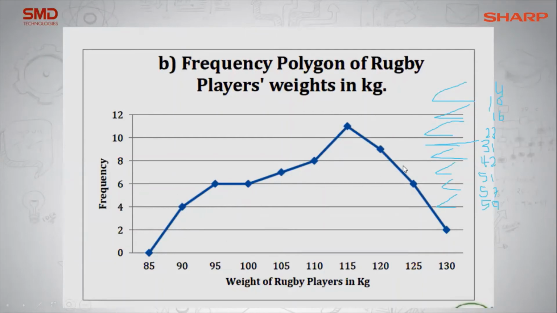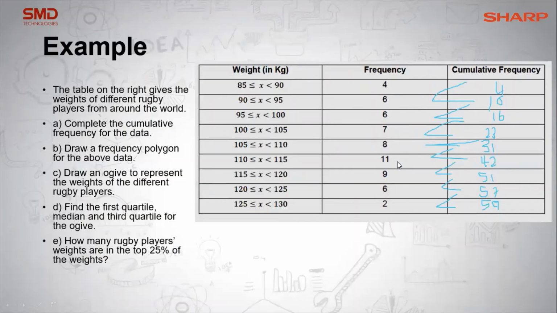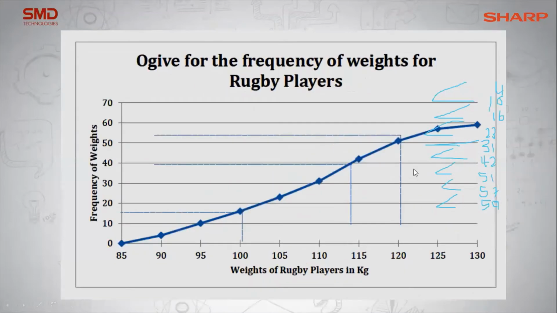Okay. Then the next, oh, sorry, let me go backwards. The next one says draw an ogive. Now, an ogive is basically a cumulative frequency graph. So an ogive has a distinctive shape. You can see this one is not a super great example of it, but it tends to look sort of like a pulled out S. Okay, that's what it should look like.